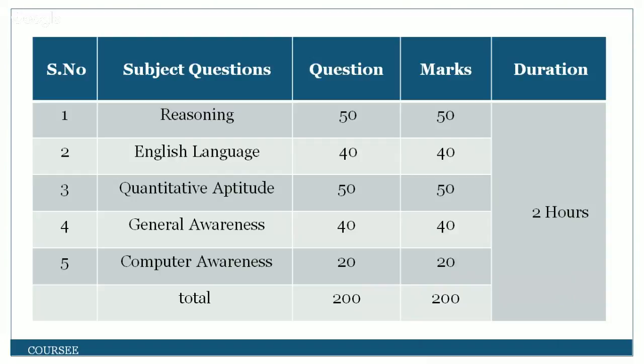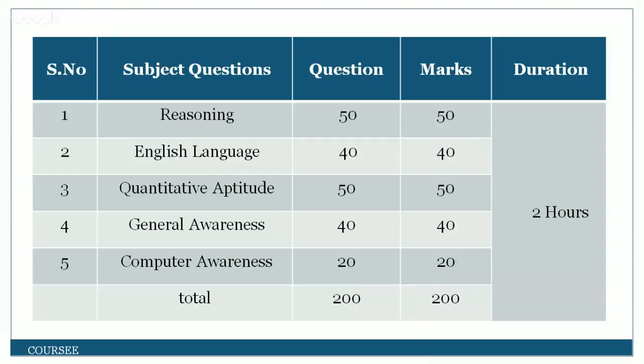This is the exam pattern, and the subjects are reasoning, with 50 questions and 50 marks, 1 mark for each question. The duration for the whole exam is 120 minutes, which is 2 hours.